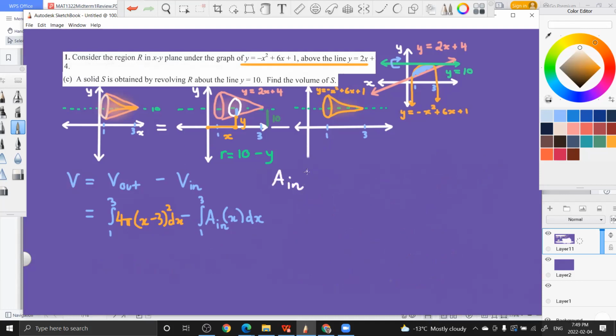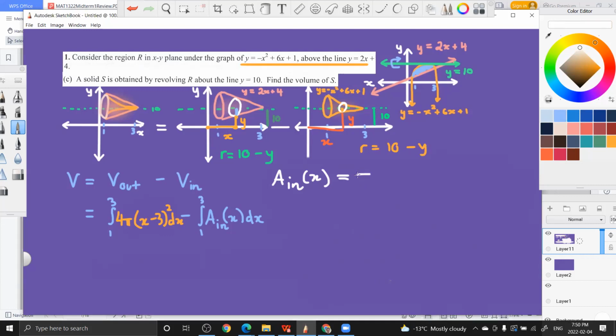So A in x, and it's the same thing. It's going to be a circle. The distance from here to the circle is x. The distance from here to here is y. The distance from here to here is 10. So the radius from here to here is 10 minus y, as mentioned before.